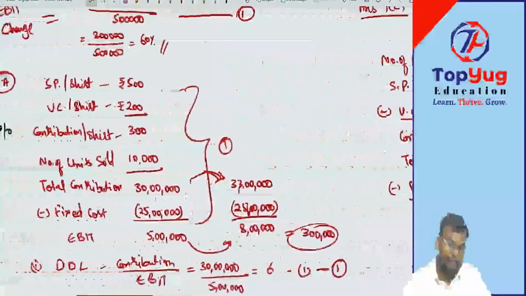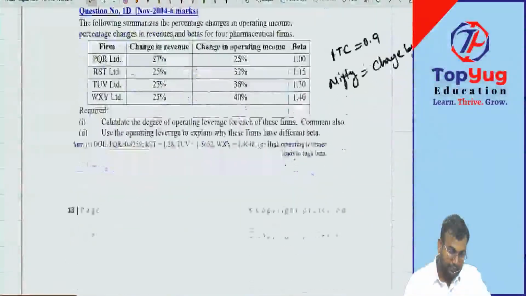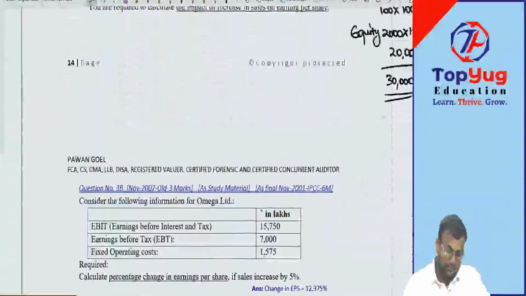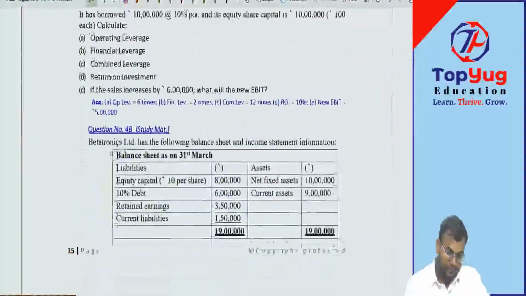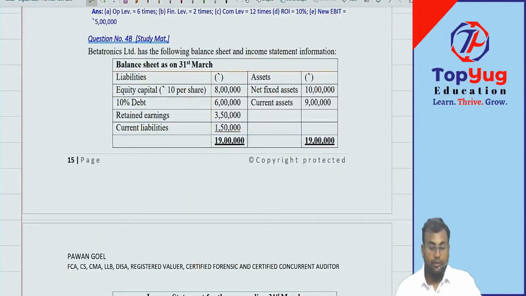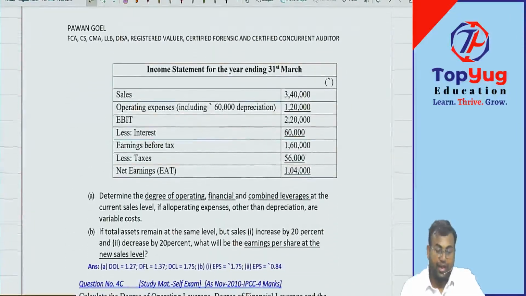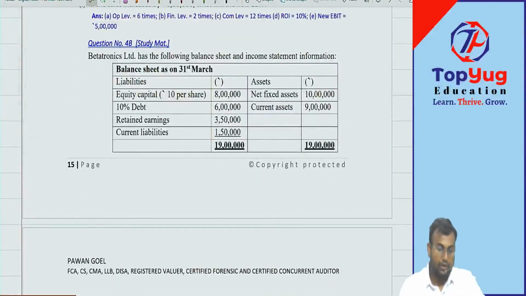Okay, 4B. There is a balance sheet and P&L given to you. Let's see what this balance sheet and P&L tell us. Betatronics Limited has the following balance sheet and income statement information.